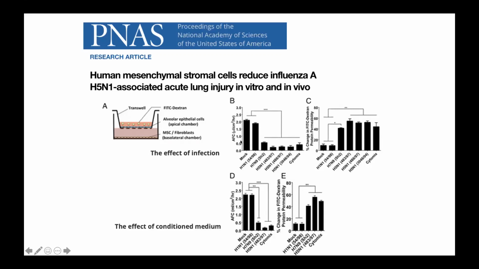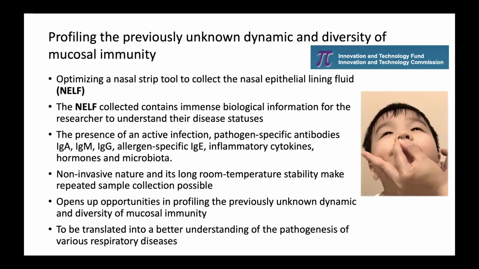So in this particular paper, we are using mesenchymal stromal cells to help reverse the severe outcomes caused by influenza virus infection. And lastly, I would like to introduce you to a little tool, the nasal strip, to collect the mucosal fluid.